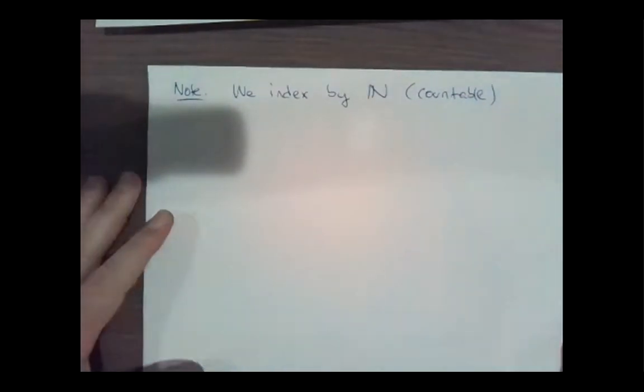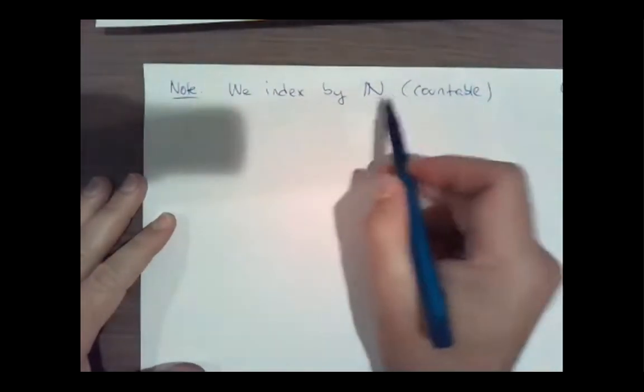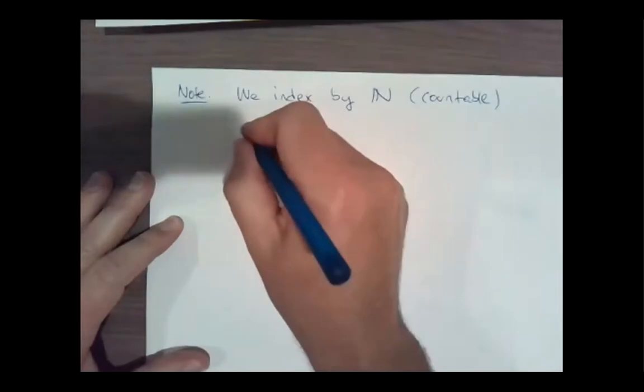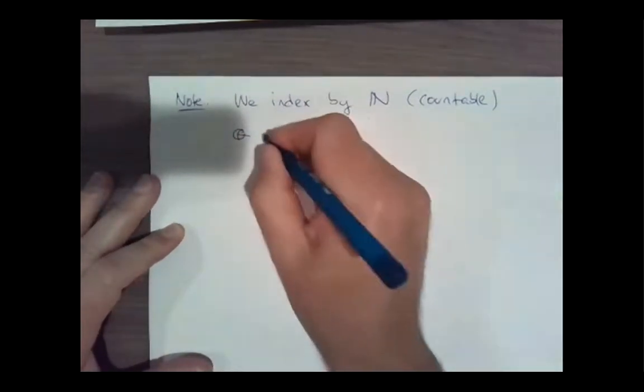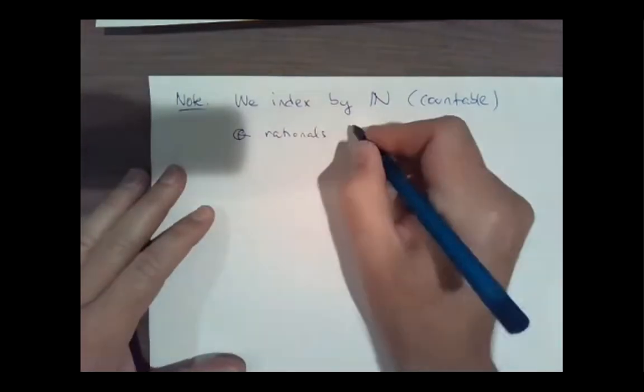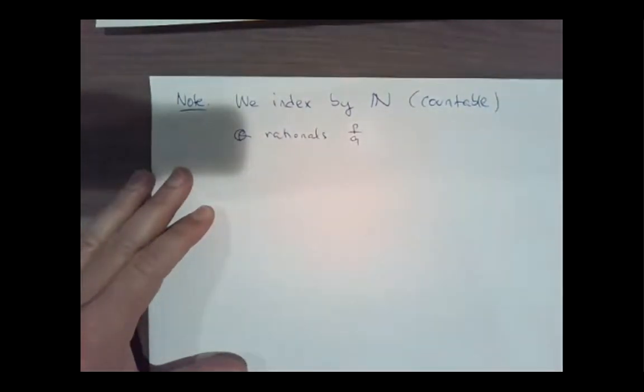There are sets out there that are not indexed necessarily by natural numbers, but you could look at something like Q, the rationals. Those are the ones that are given as ratios, p divided by q.